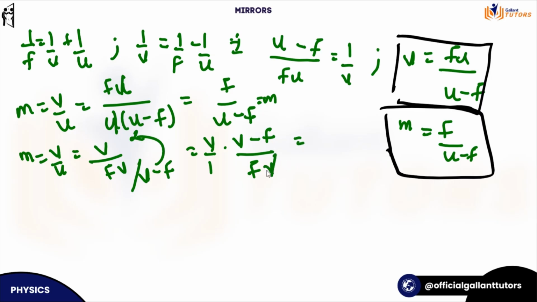So this cancels, and we end up having F over V minus F for M.